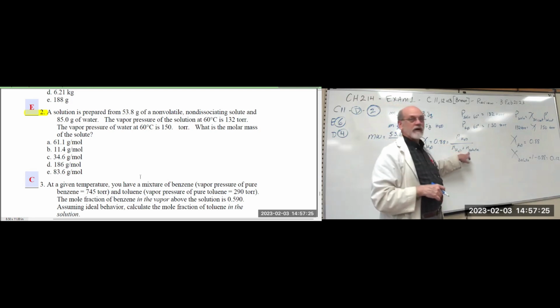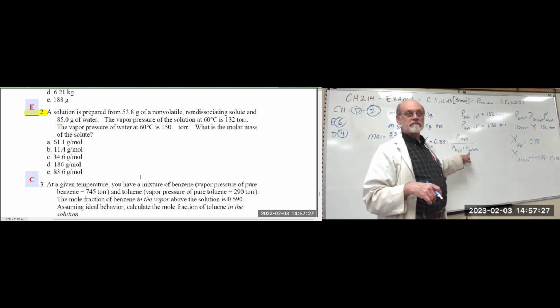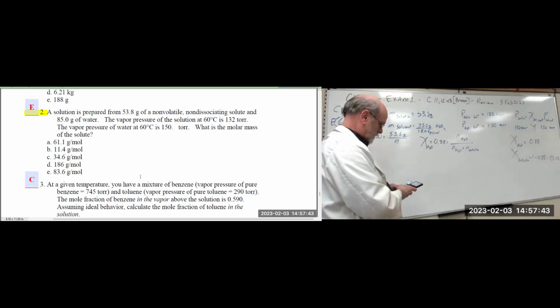So we've got the mass of water, we can calculate the moles, and then our unknown is the moles of the solute, correct? So how many moles of water do we have? Well, we need to divide by 18.02 grams per mole. 85 divided by 18.02 is 4.717. So that's how many moles of water we have: 4.717 moles.